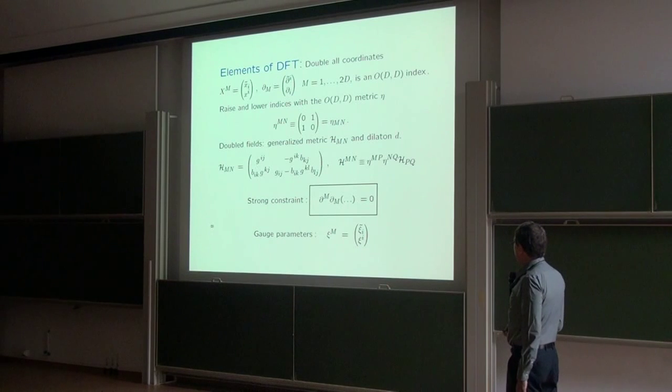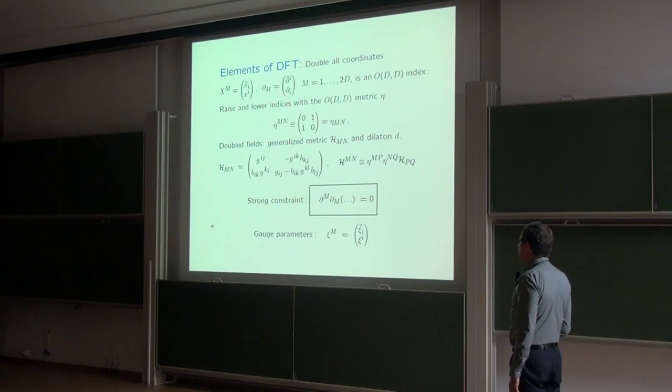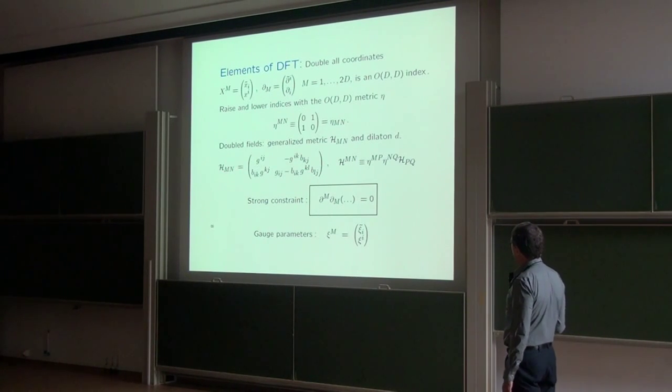Another important ingredient is this object that you may have seen when you studied strings in toroidal backgrounds, called the generalized metric. It's a double-sized metric, 2D by 2D, as the indices reflect, and has 4 blocks that take a rather familiar form. This matrix is symmetric, and it happens to be a group element of O(D,D). So it is a constrained metric.